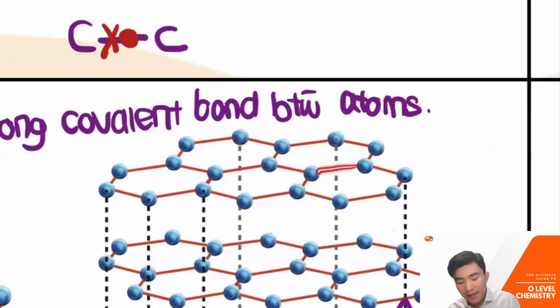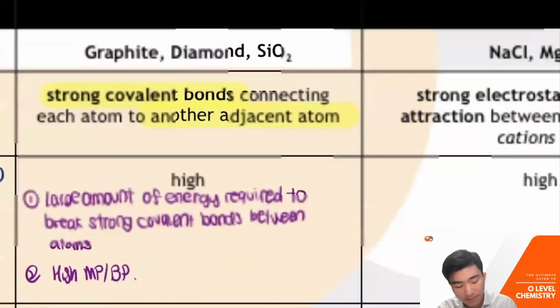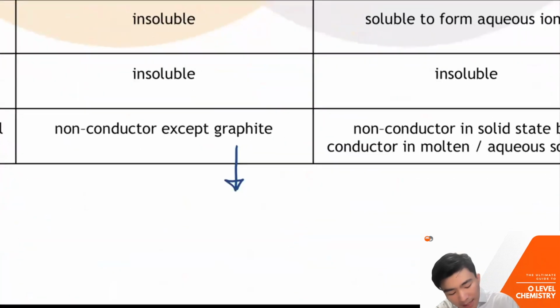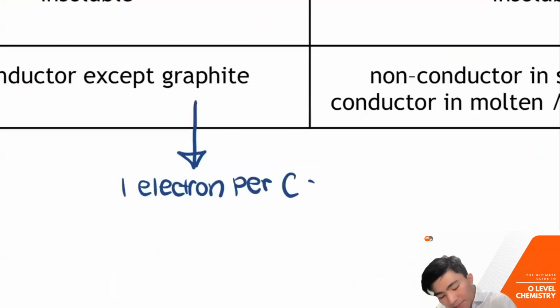When there are only three bonds, that means that only three electrons are bonding. There are three electrons taking part in bonding. So there is one electron per carbon atom that is not utilized in bonding.